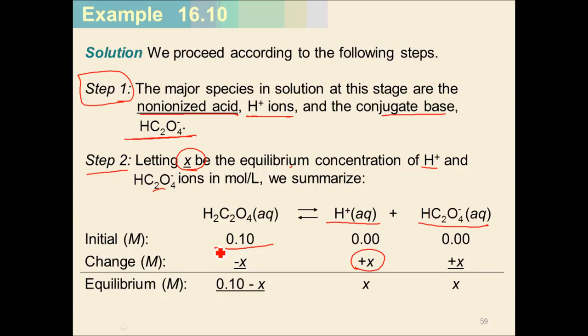We have our 0.1 molar H2C2O4, and the hydrogen ion concentration initially is 0. The change, since it's a 1-to-1 mole ratio, will be minus X for our acid, plus X for our hydronium and HC2O4 1- ion. Summing up this column, 0.1 minus X will be our equilibrium concentration of our non-ionized acid, and X and plus X will be the concentrations of our two products.